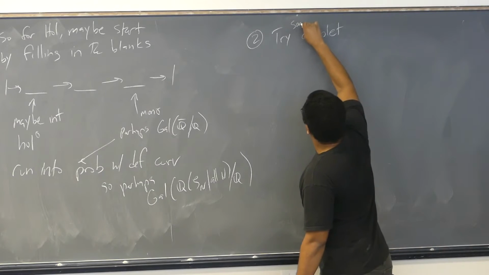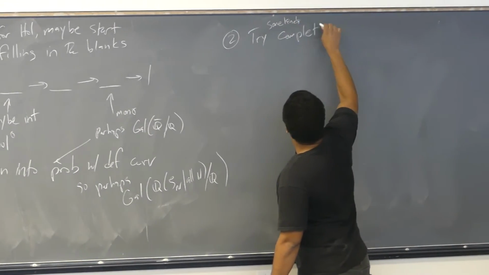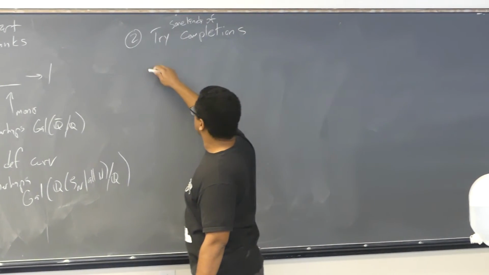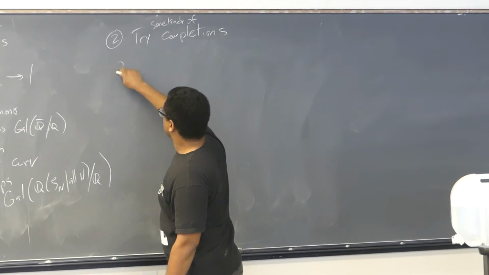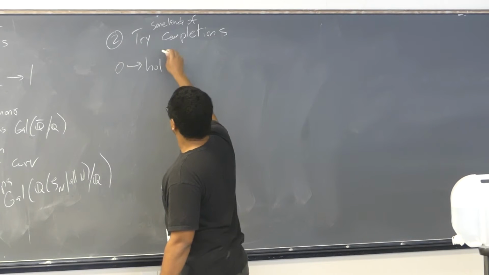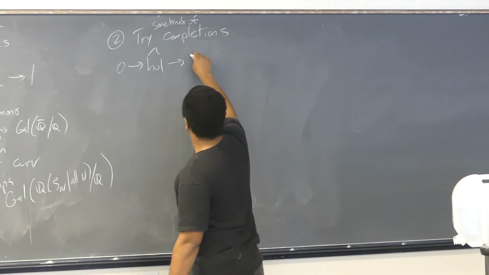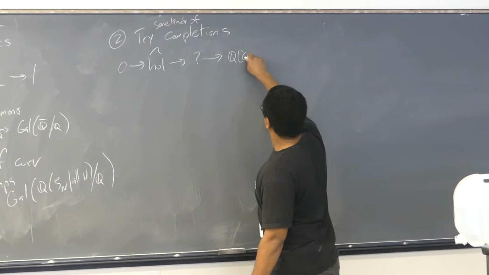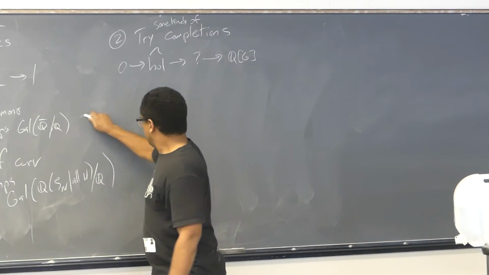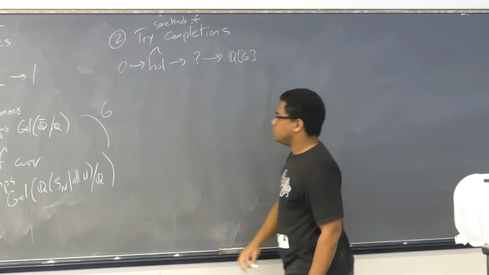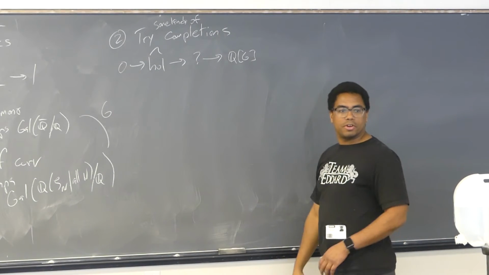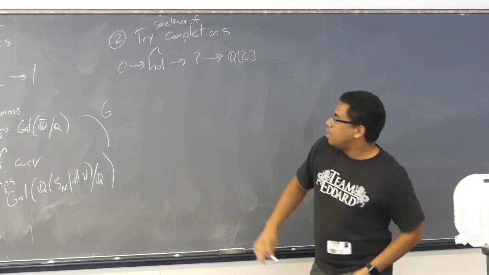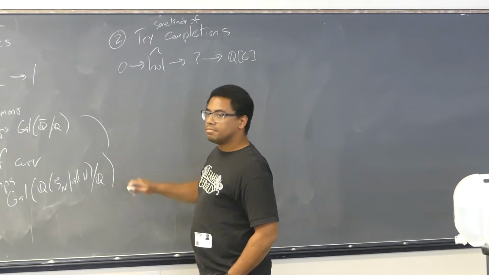We'll try some kinds of completions. So maybe I consider something up here. I'll call these G. G might refer to either of those, I don't know. Oh, I can't use G. Gamma.